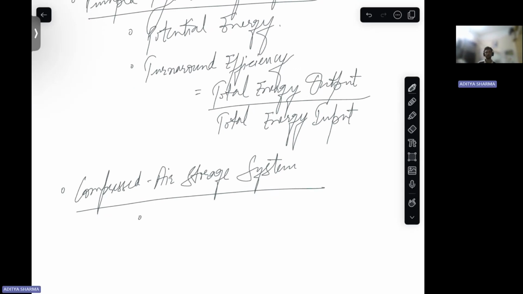So in your compressed air storage system, as the name suggests, you store energy in the form of compressed air. And you store energy in some reservoir or some aquifer.